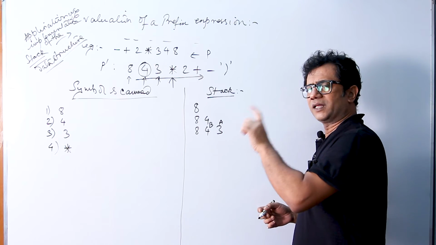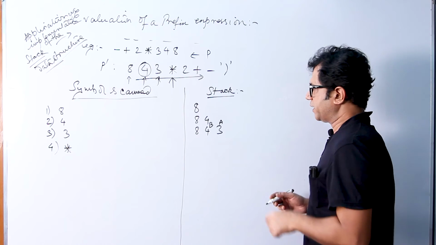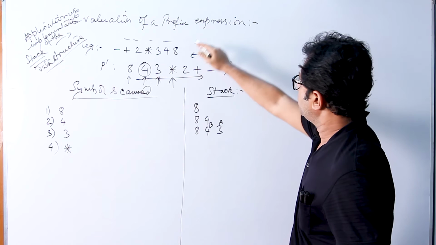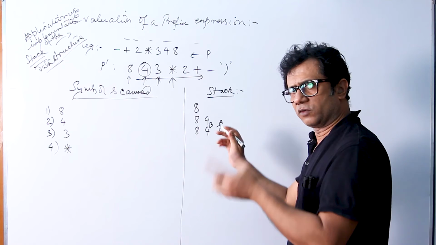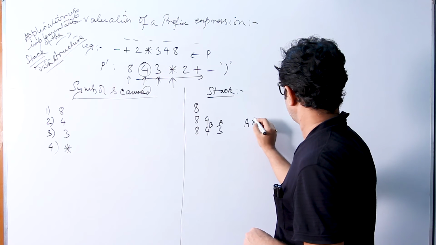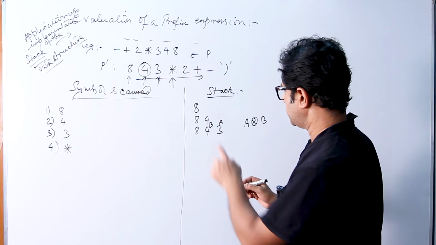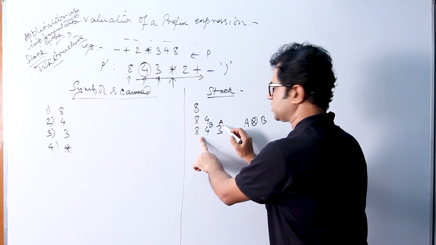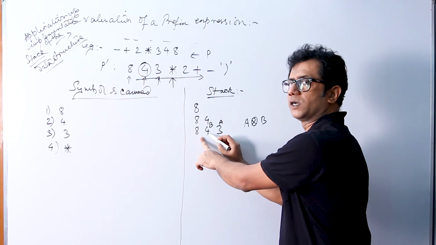What was done in that case? B operator A. But in the evaluation of the prefix expression, we will just follow the reverse approach, that is we will follow A operator B. So in this case, star is our operator and A is this topmost element, 3, and the next to top element is 4.